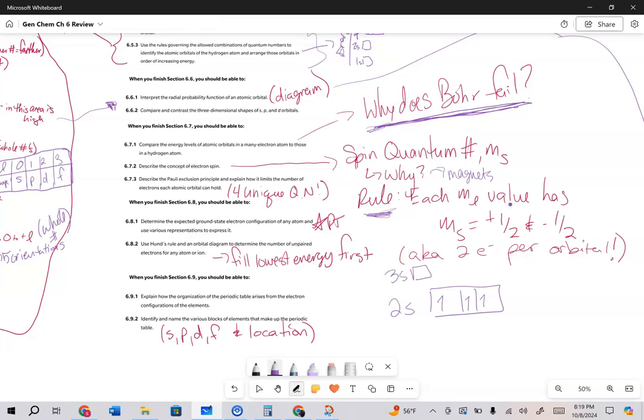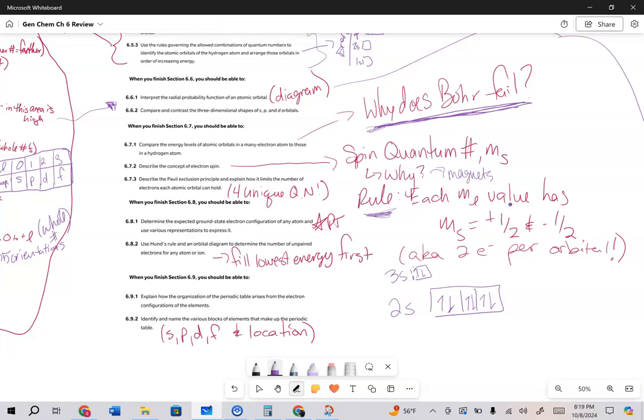So let's say this is 3s. Instead of having our electron move from this energy level up, it is a lower energy thing to do to place the electrons in spin-paired orbitals, and then after that, we move up to the next energy level.